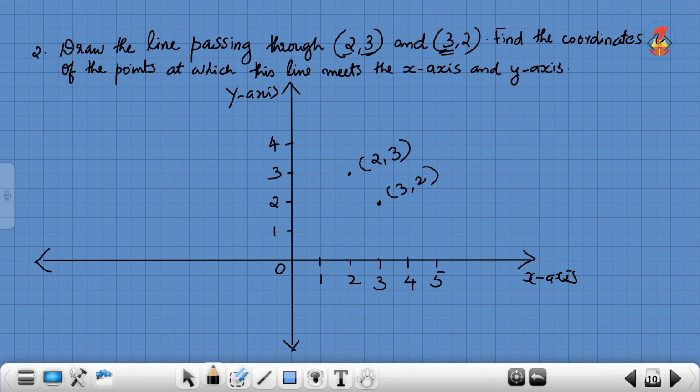You just join these points and extend the line. Same thing for the y axis also.